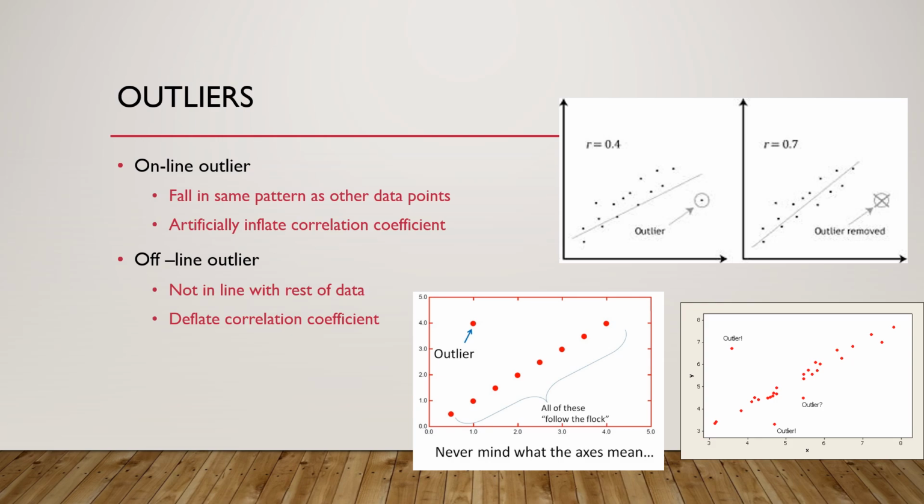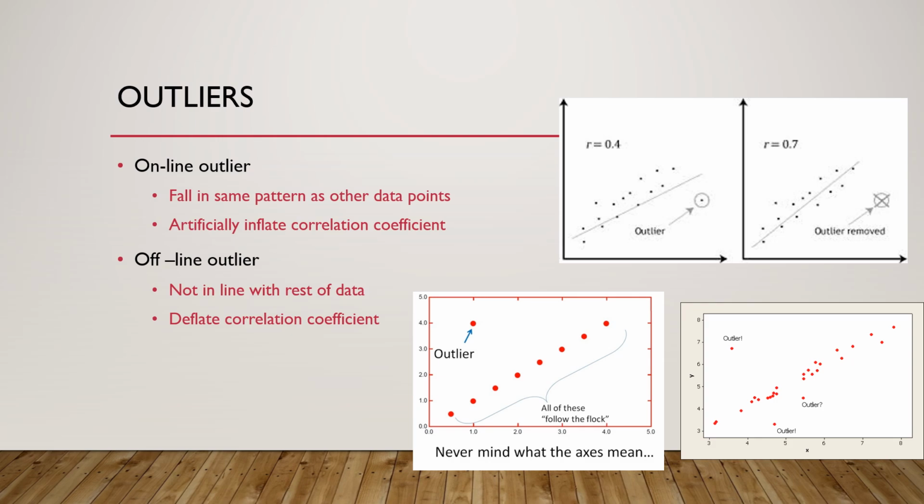So if you ever get a correlation that's really low and you think it should have been higher based on your hypotheses, go ahead and check to see if you have any offline outliers. Whereas if you have an extremely high correlation that you're really kind of surprised to have found something that strong, go ahead and check to make sure you don't have any online outliers that might be pulling up that correlation.